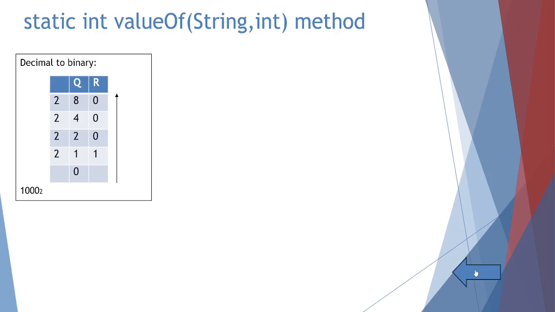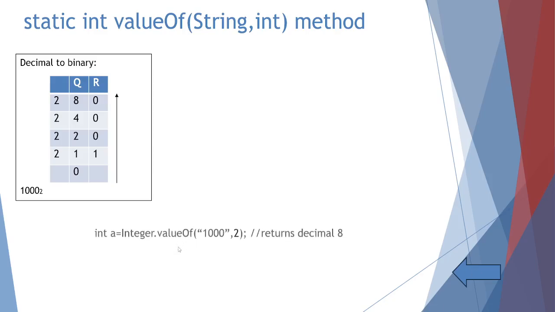Next quotient, that is 4: 2 2s are 4, remainder is 0. 2 1s are 2, remainder is 0. 2 zeros are 0, 1 is the remainder. And we read in reverse. That is 1000, the number in base 2, which is equivalent to 8 as a decimal number.